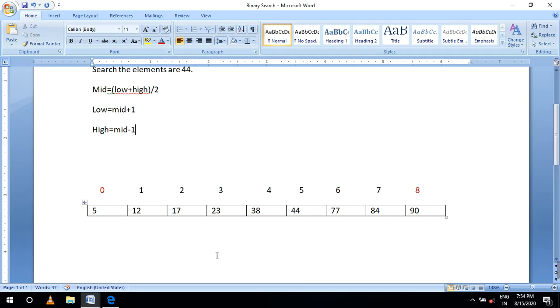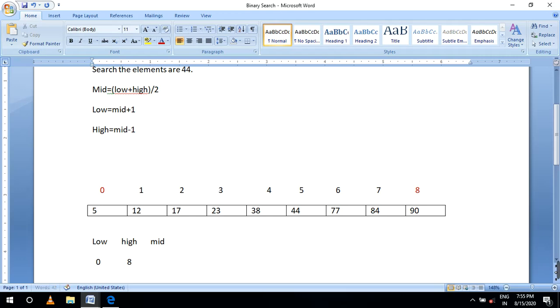So I am searching the position of the mid value. How can we calculate the mid value? We calculate it from low and high. In the first level, low value is 0 and high value is 8. This is the first step.